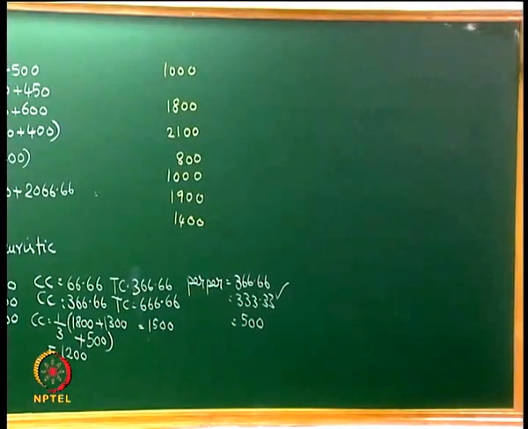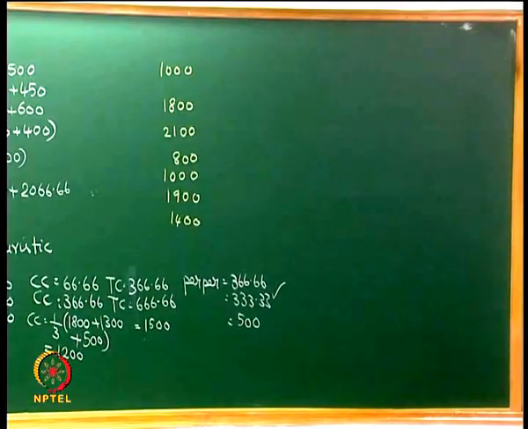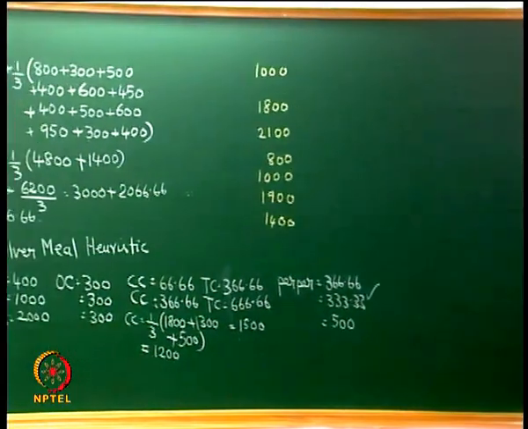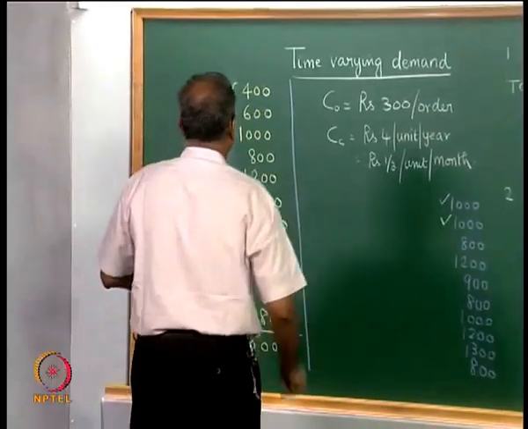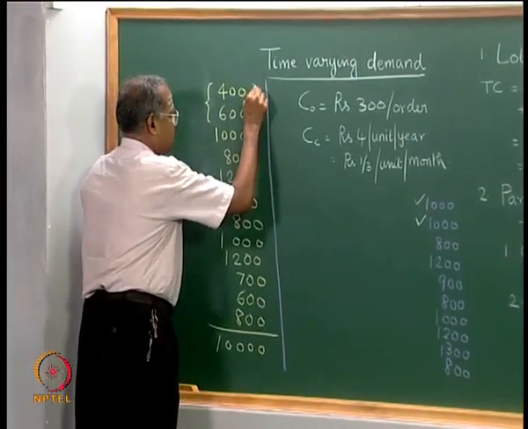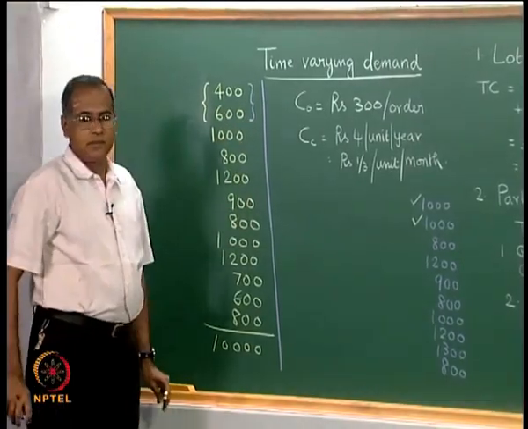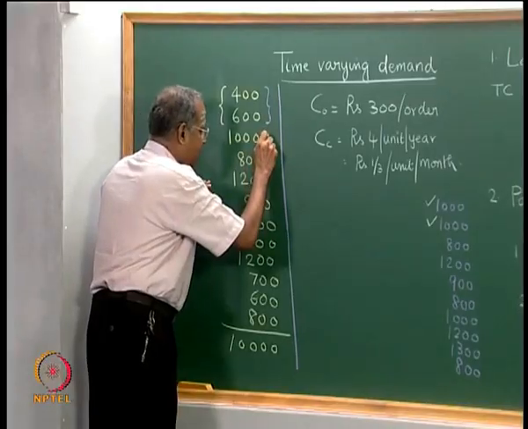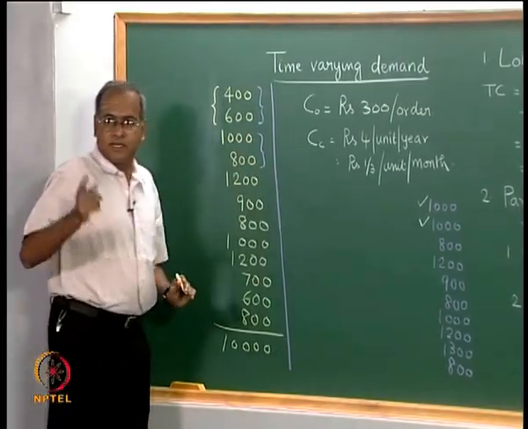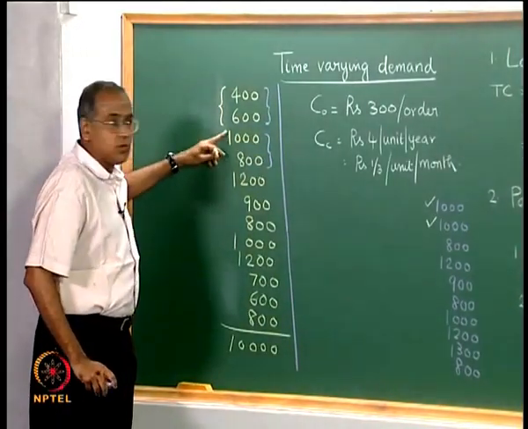Let us go back and make this comparison once again. So if we do silver meal, let me use a different color. So when we use silver meal, we order these two together, then comes 1800, we end up ordering these two together, whereas in part period balancing they came as two different orders.